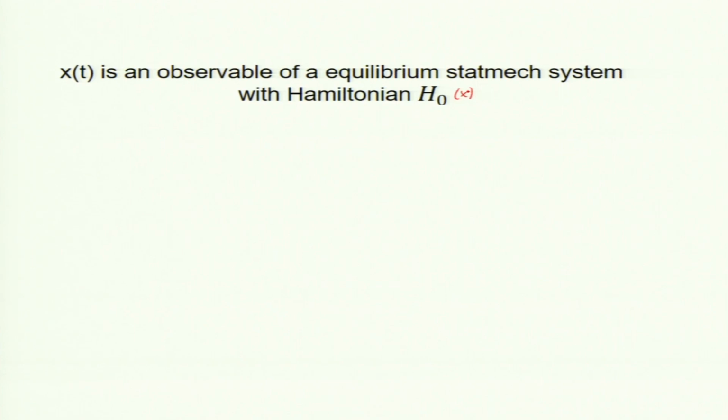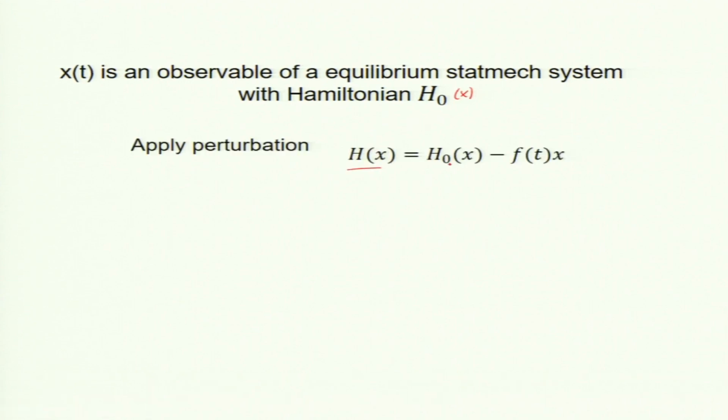So, this is in equilibrium, but I want to perturb it, I want to make it slightly non equilibrium. So, perturb it, bring in some fluctuation. My new Hamiltonian is H naught minus f(t) x. F is a force, a kick, basically you just apply a kick. Okay. So, this will create a disturbance.